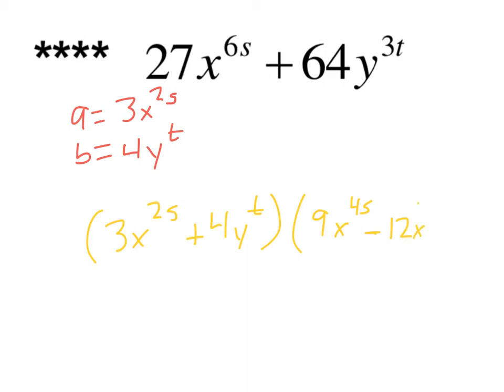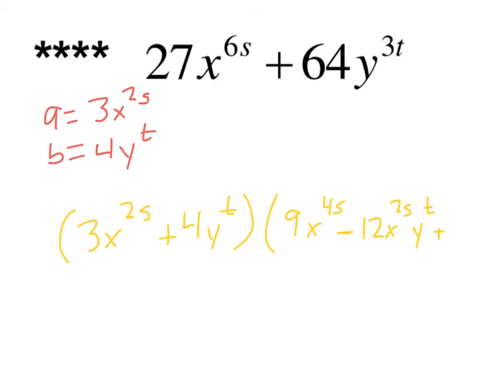Then I've got an x to the 2s, a y to the t. And then plus b squared. Okay, 4 squared is 16. Y to the t squared. That's a power raised to a power. We multiply to get 2t. So this is my final answer on the fourth bonus.